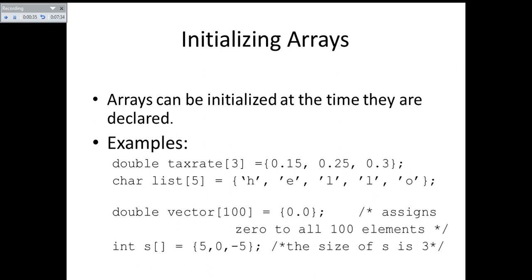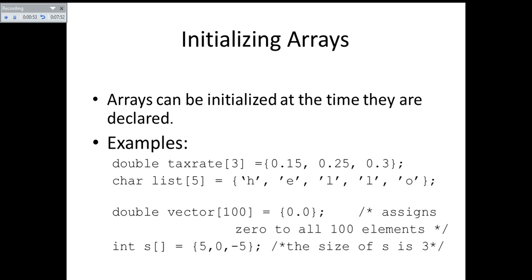All these three values are separated with commas, and the declaration is terminated with a semicolon, so it allows you to declare and also do the initialization at the same time. This declaration, which is done at the static time or compilation time, is called static initialization of arrays.